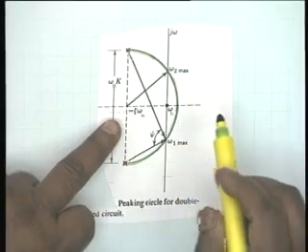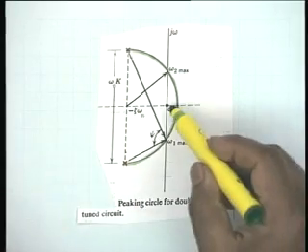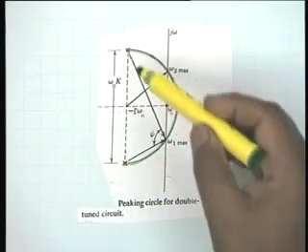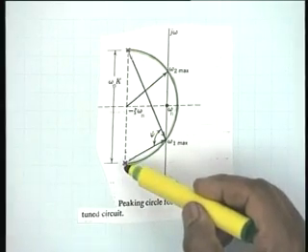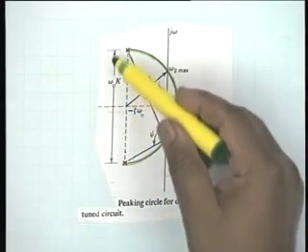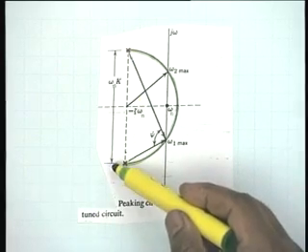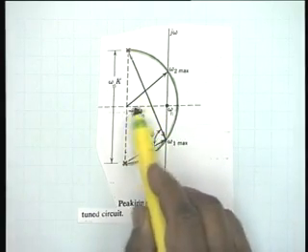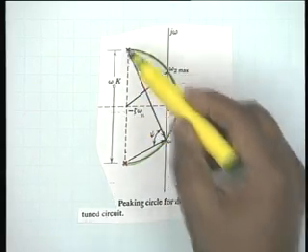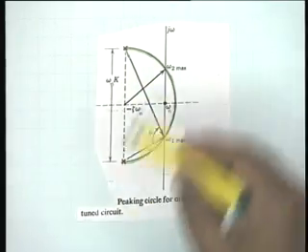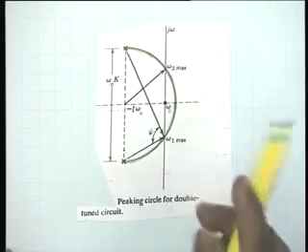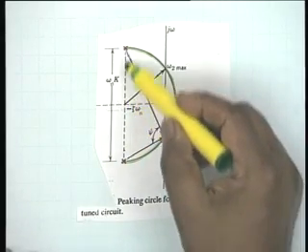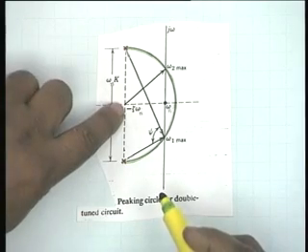Here we have assumed a typical situation. Omega n is the center frequency, and then I have the 2 poles, the red crossed ones, at a distance of omega n k from each other. This is minus zeta omega n. Omega n k by 2 is the radius, and this is the center.